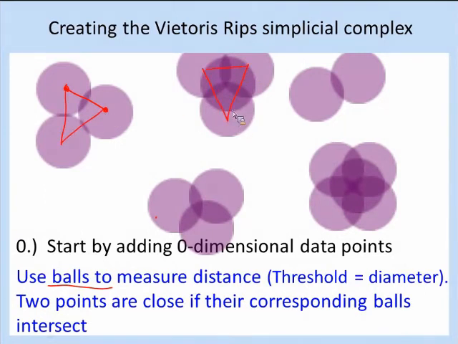So I can have lots of balls intersecting, and so I can still get my 3-simplex, all my faces, etc. And so we can create our Vietoris-Rips complex based upon the intersection.